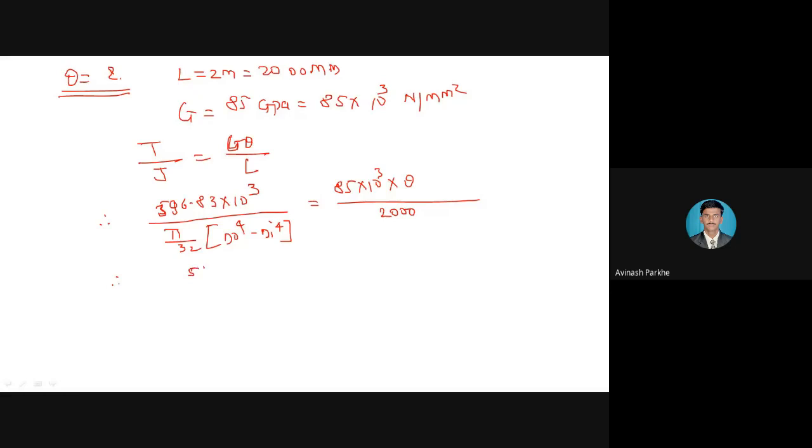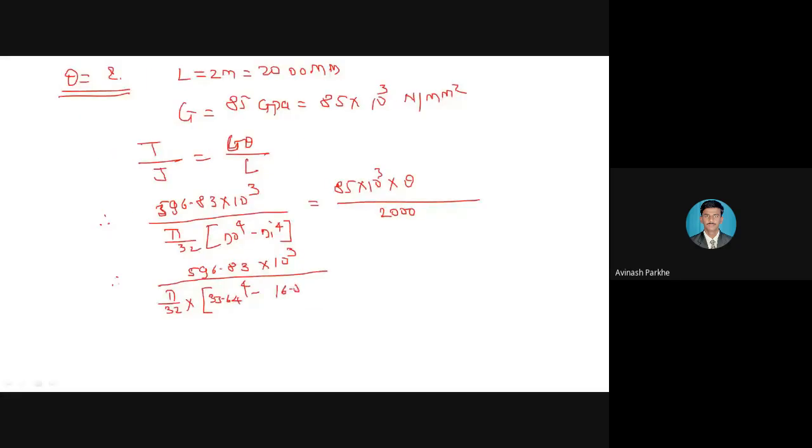Therefore 596.83 into 10 raised to 3, divided by pi by 32 into 33.64 raised to 4 minus di, that is 16.82, raised to 4.